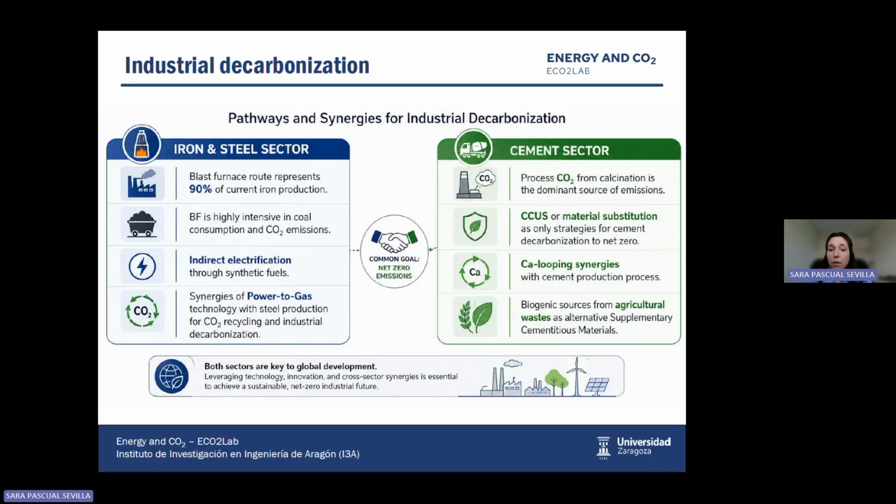Additionally, material substitutions and the use of waste, such as agricultural residues, are also being explored to reduce the environmental impact. However, both sectors share a common goal that is essential for achieving global development, which is to reach net zero carbon emissions.